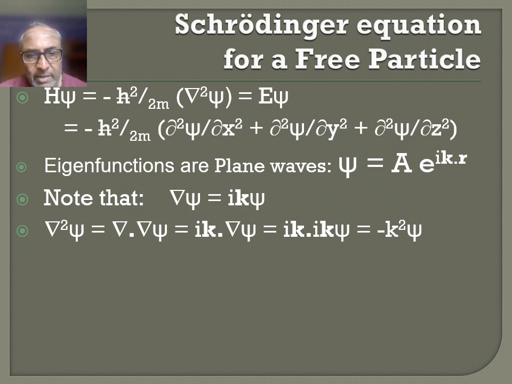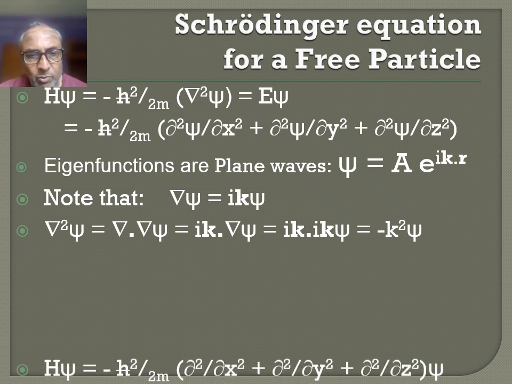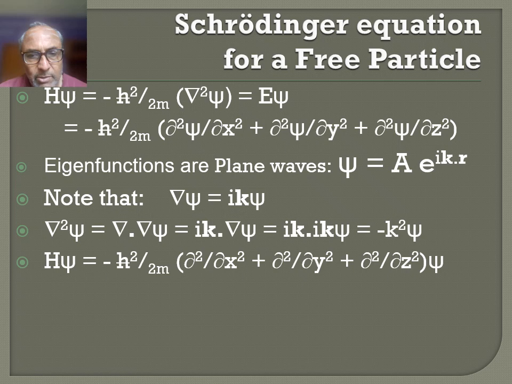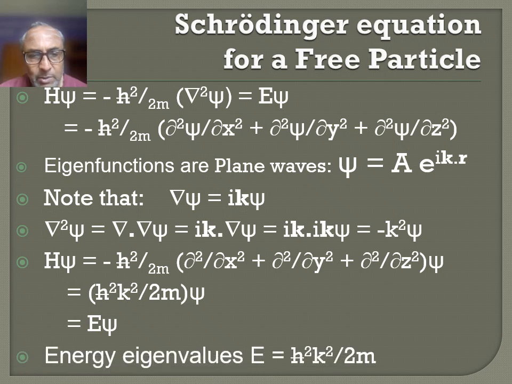Therefore, the eigenvalue of del squared is minus k squared, and the Schrödinger equation becomes H psi is equal to h-bar squared k squared by 2m times psi, which is equal to E psi. That is, the energy eigenvalue of the Hamiltonian, the energy E, is equal to h-bar squared k squared by 2m.